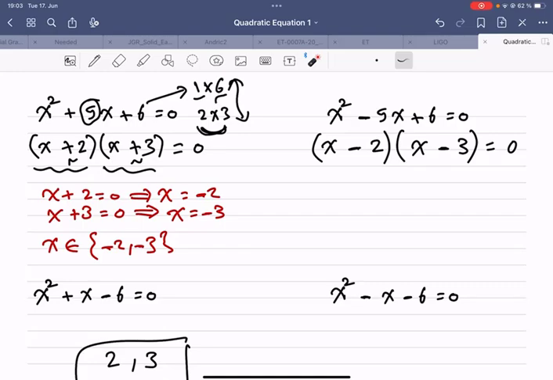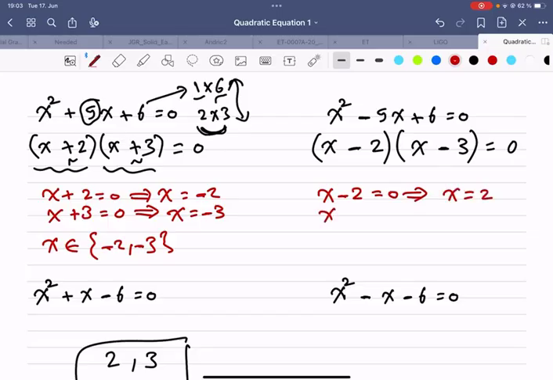So now we can continue. x minus 2 equals 0, so this gives x equals 2. x minus 3 equals 0, so this gives x equals 3. And our solution is 2 and 3.